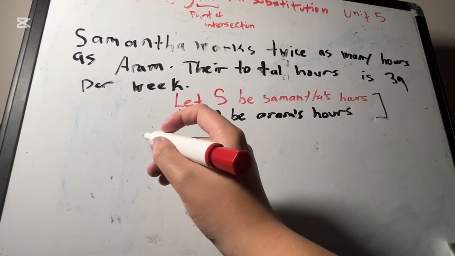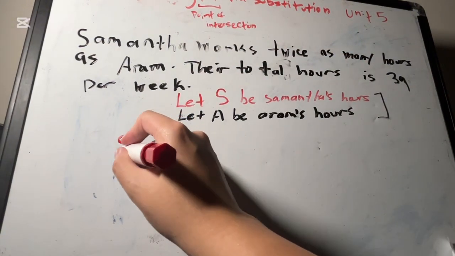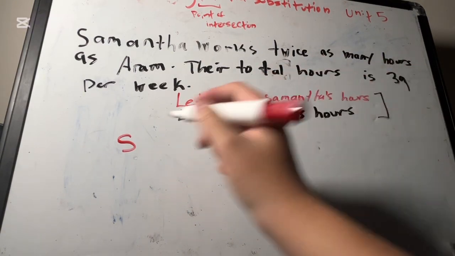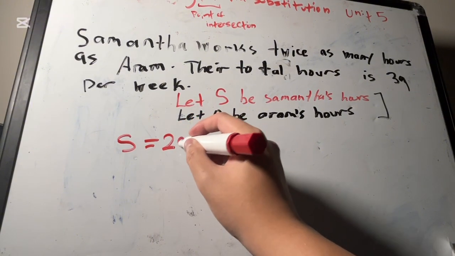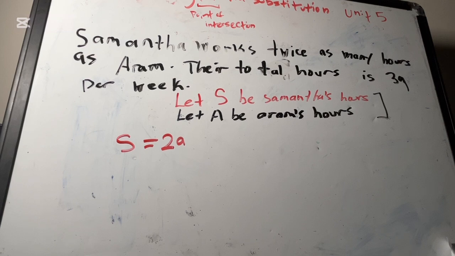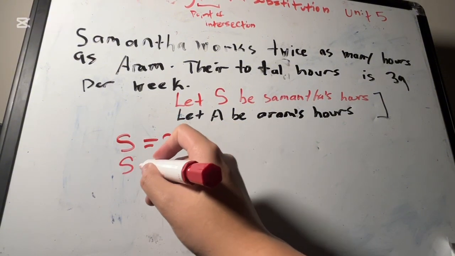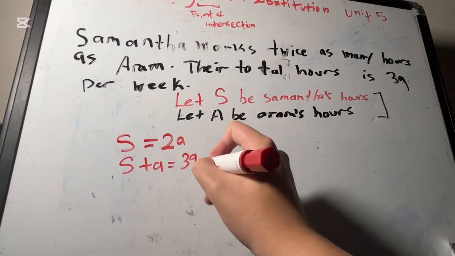And we know that Samantha has twice as many hours as Aram. So S equals 2A. And what we also know is that the total hours in general is 39 per week. So we know that S plus A is 39.